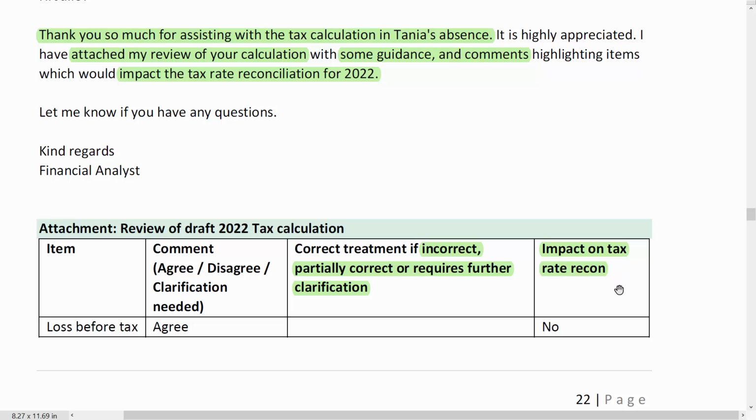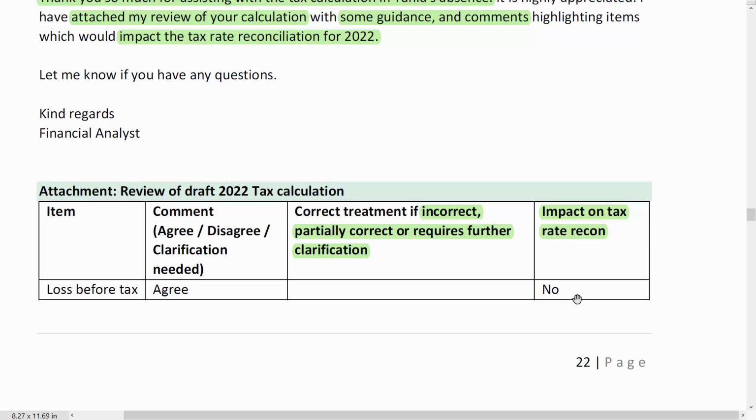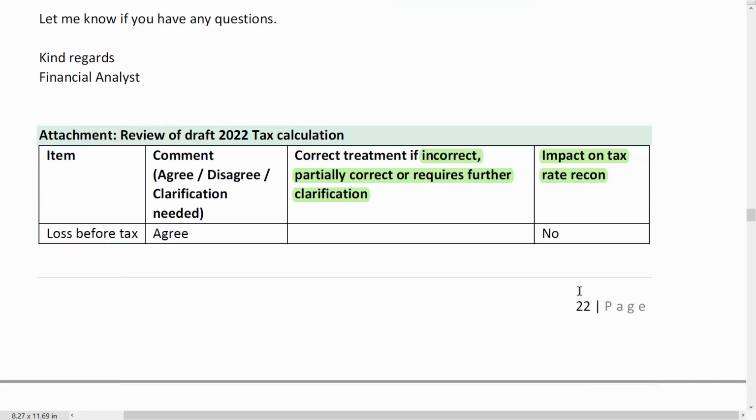It was not necessary in answering this particular task that candidates had to deal with the elements that were correct. And so therefore, in assessing competence in this particular task, we're then going to focus on the elements that were incorrect, partially correct, or required further clarification, and then what the candidates' responses were on the impact on the tax rate recon. So let's deal with this on a line-by-line basis.